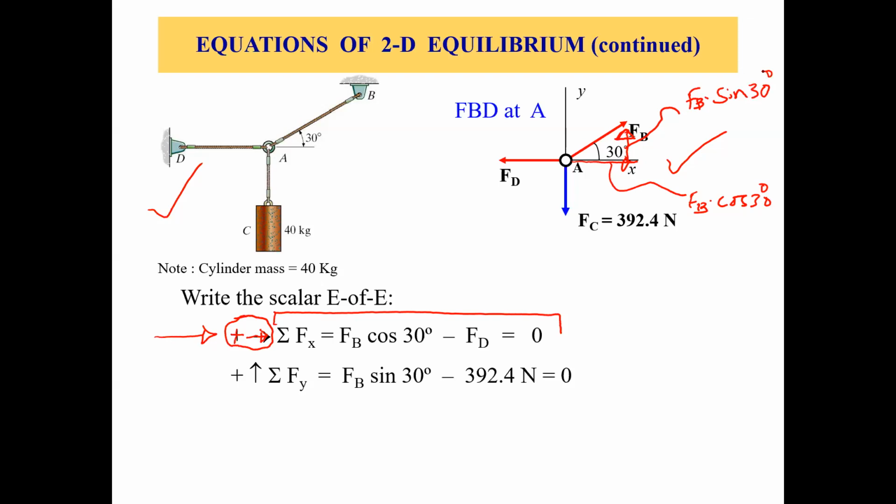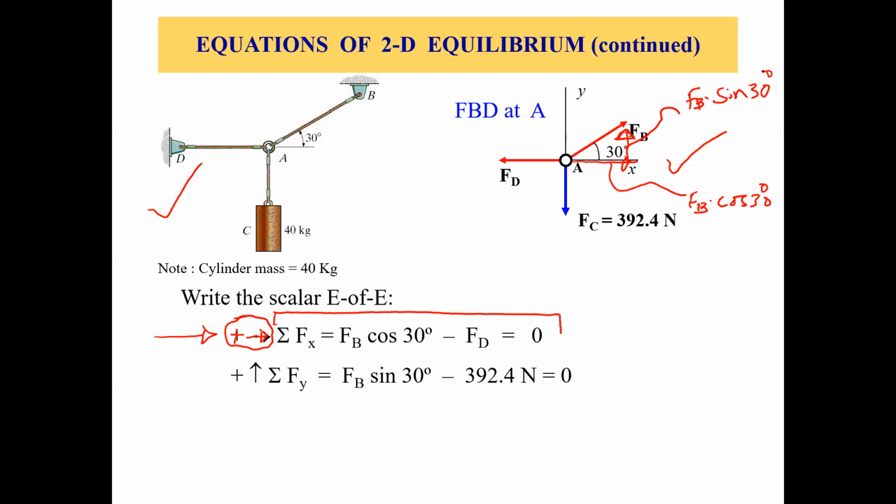We resolve this force FB into two components in order to apply the equations of equilibrium, because we need either the forces in x direction or y direction. We cannot have FB in its original state.